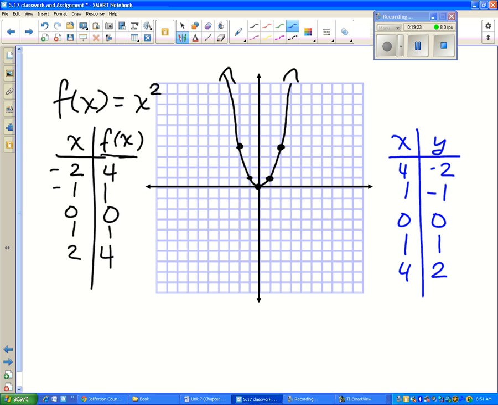So I have 4, negative 2; 1, negative 1; 0, 0; 1, 1; 4, 2. My parabolic shape would look like this.